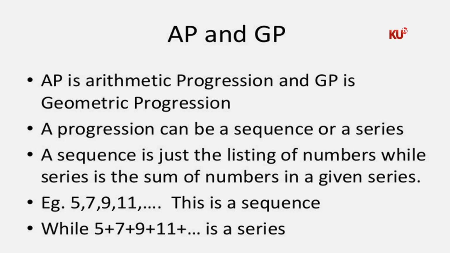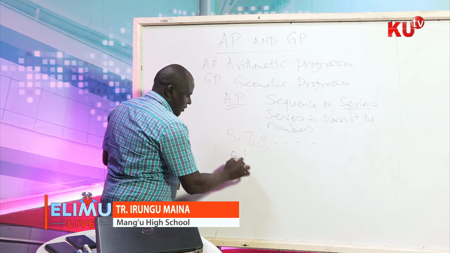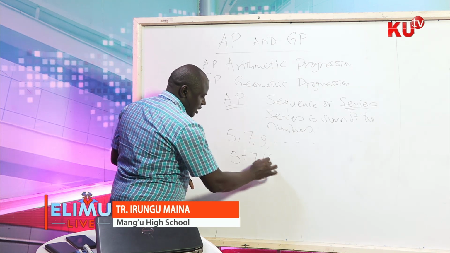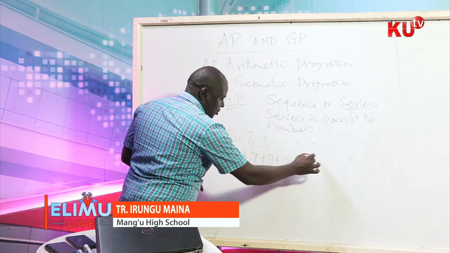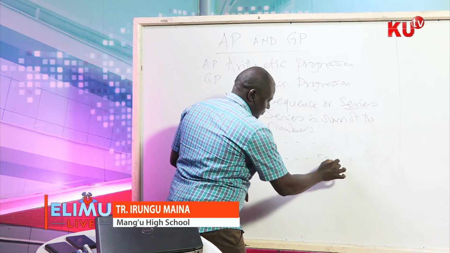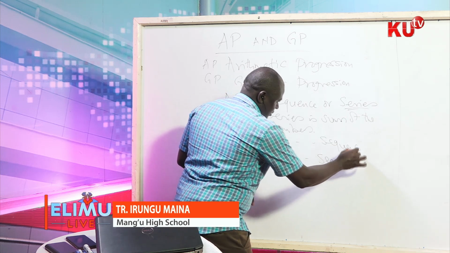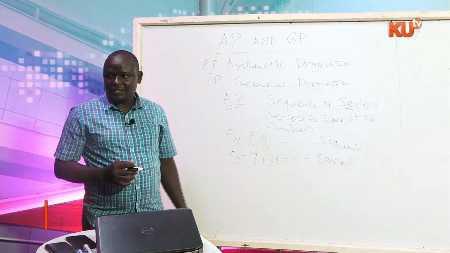For example, you could have a list of 5, 7, 9, dot, dot, dot. Class, this is a sequence. But if you have it as 5 plus 7 plus 9 plus dot, dot, dot, class, this is a series.